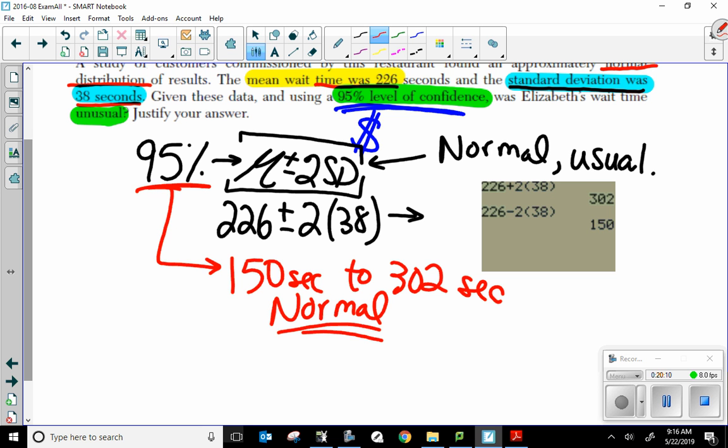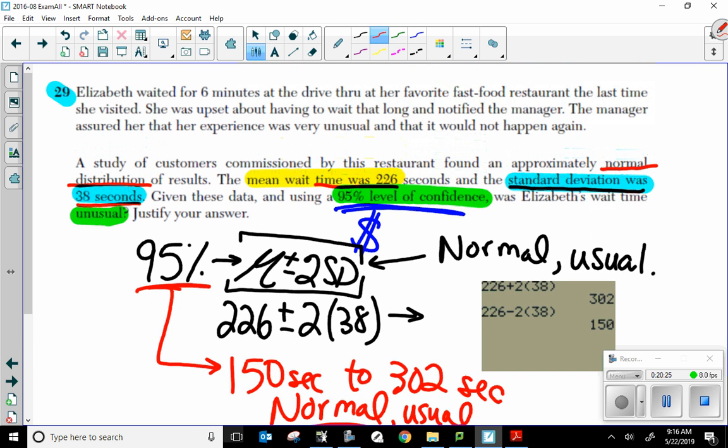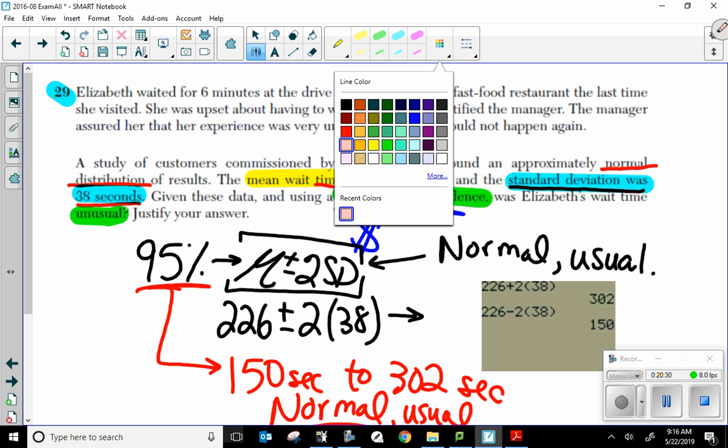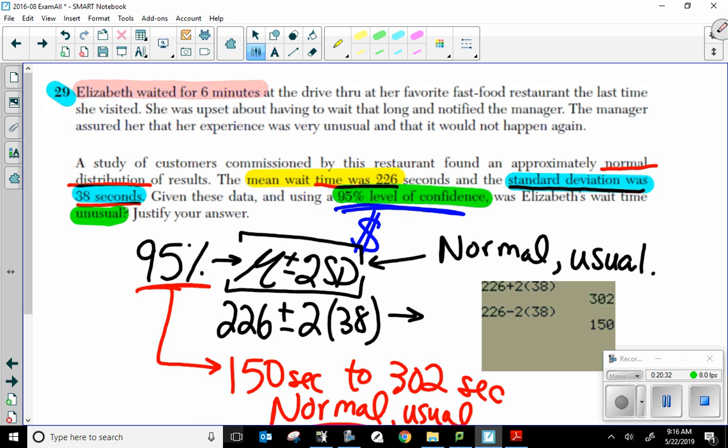They are considered usual because this problem uses the word unusual. These are normal. These are usual. Anything outside of this is considered unusual. Now, Elizabeth, my friend who loves baconators, waited 6 minutes.